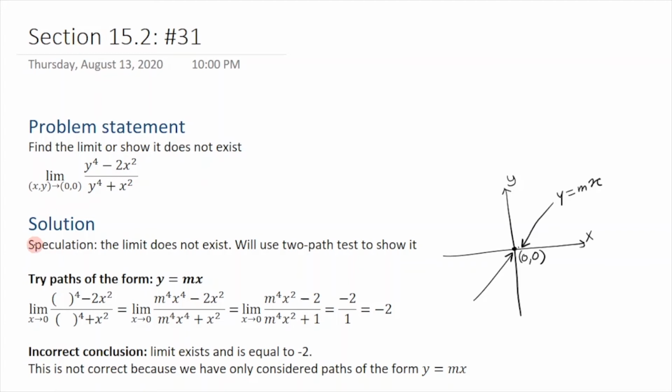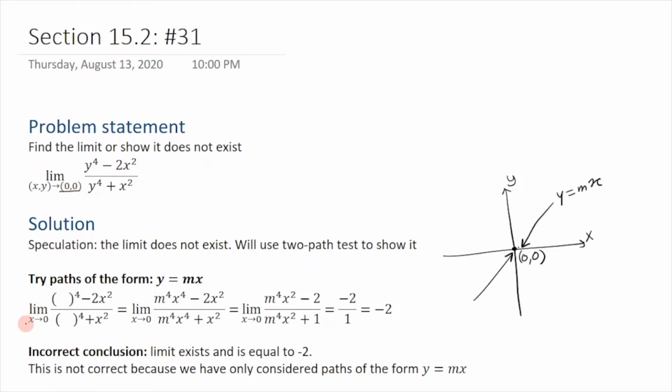Let's speculate that the limit doesn't exist, and to show it, we'll use a two-path test. The paths I tried at first were y equals mx. These would be straight lines converging on the point (0, 0), which is where we want to find the limit, remember?